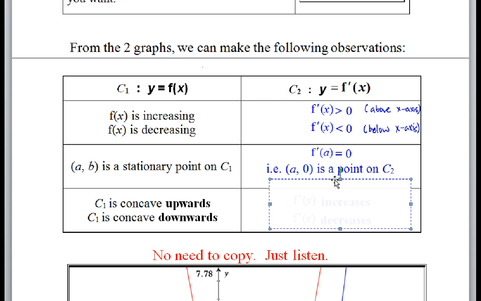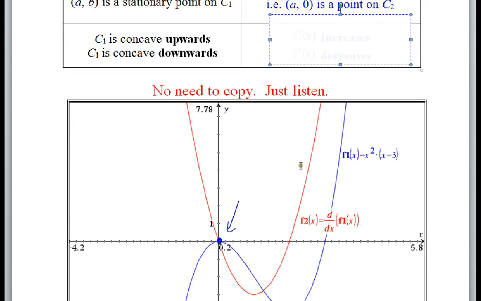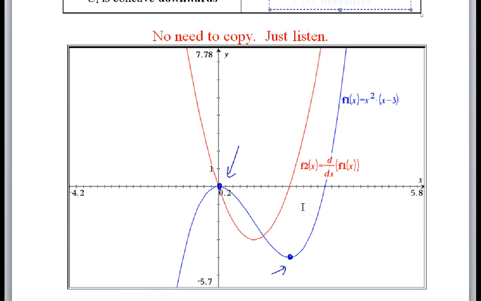Okay, the last point is slightly trickier. Remember on Monday we talked about concave upwards, concave downwards. Now, we look here. This entire portion forms part of a smiley face whereby the dy dx increases.